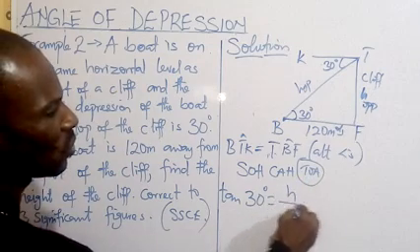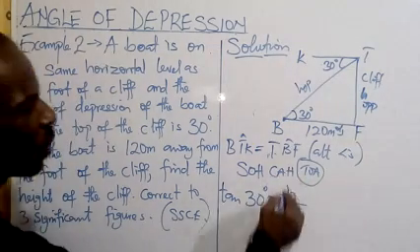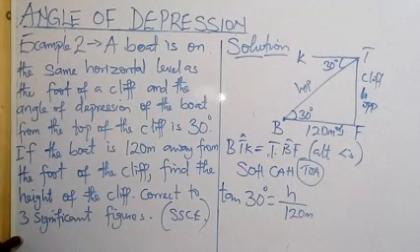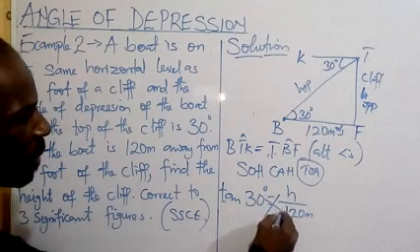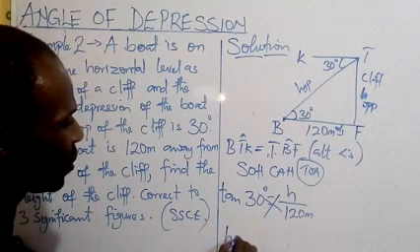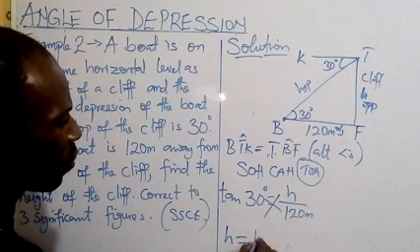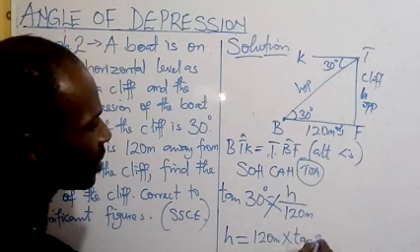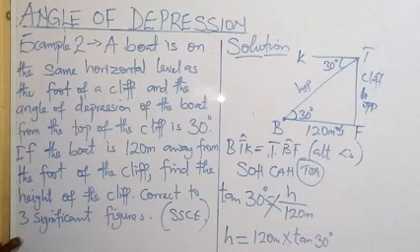H, we don't know. What is our adjacent? We have 120 meters. So at this point, we cross multiply, where we have H equals 120 meters multiplied by tan 30 degrees.